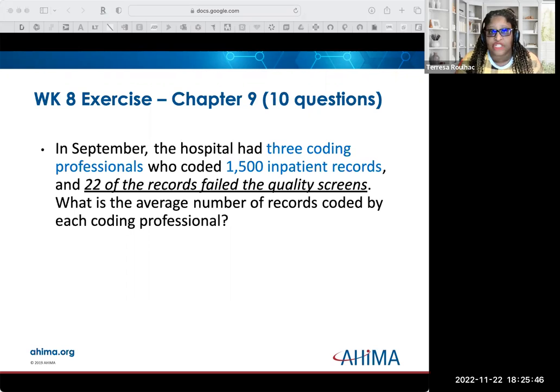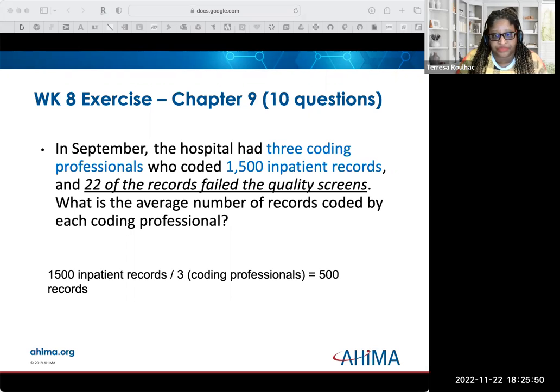What is the average number of records coded by each coding professional? Here we have 1,500 inpatient records divided by 3 coding professionals, letting us know that, okay, we have 500 records was the average number of records coded by each coding professional.